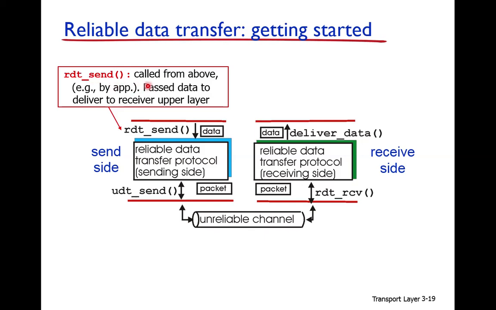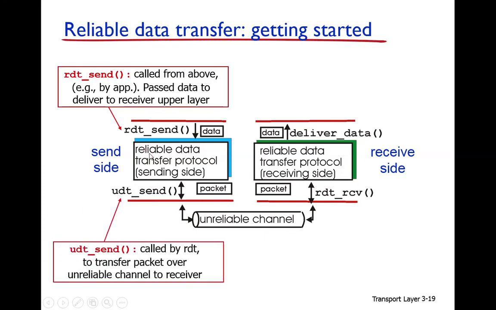The RTDT send method means it passes the data to the transport layer, saying that the data should be sent reliably. Then the transport layer on the sender side gives the data to the network layer, which is unreliable, so it will send using UDT. UDT means it is sent unreliably.